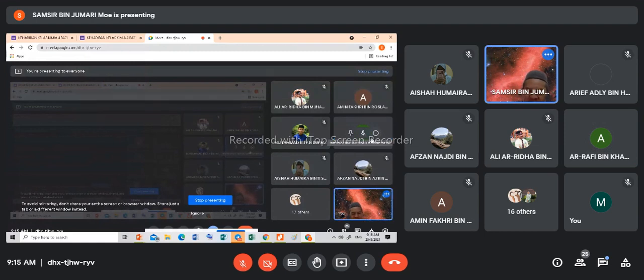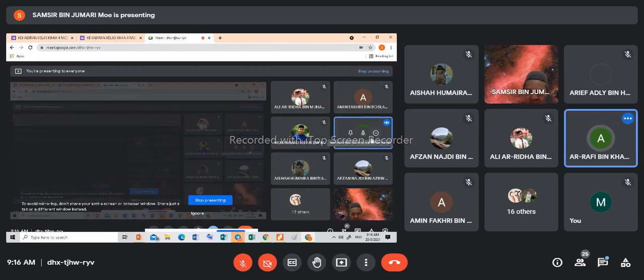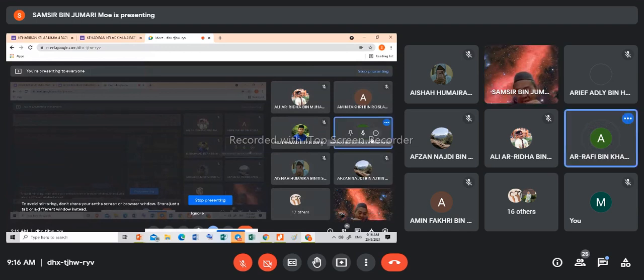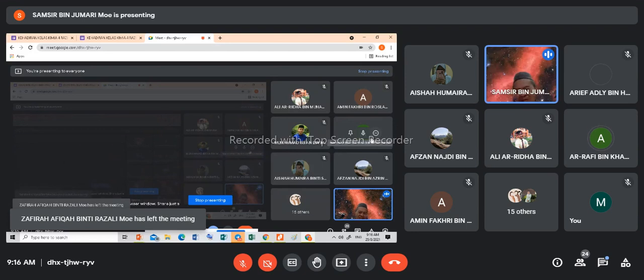Can you give two names of the insoluble salts? Iron carbonate, iron 2 carbonate, iron 3 carbonate. Other than carbonate. Barium sulfate. Barium sulfate. Yes, barium sulfate.